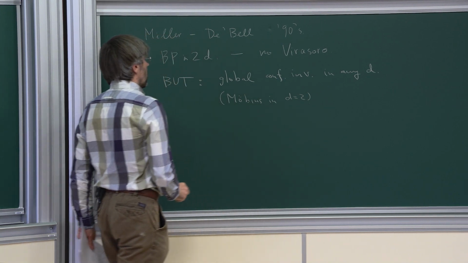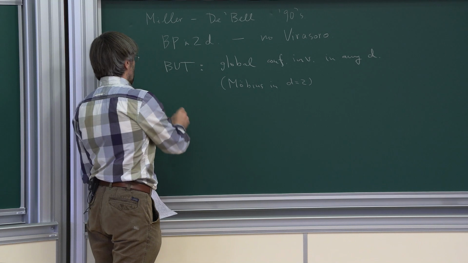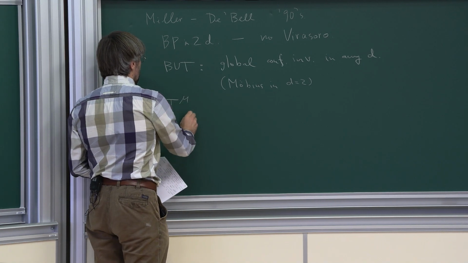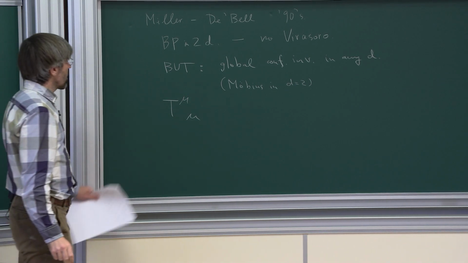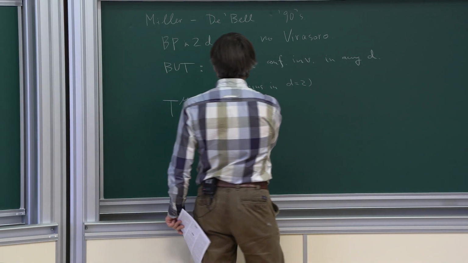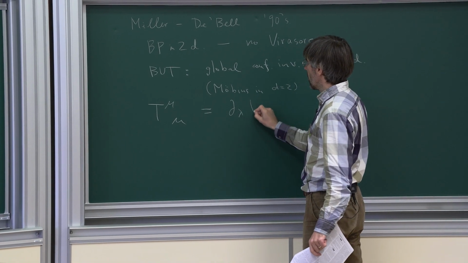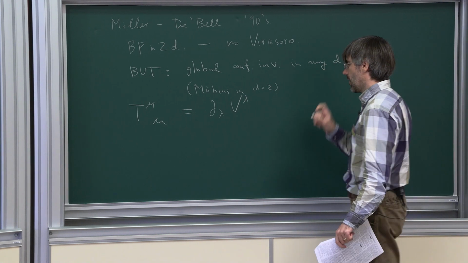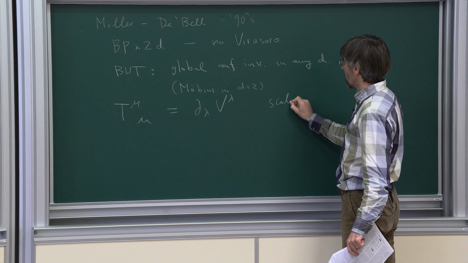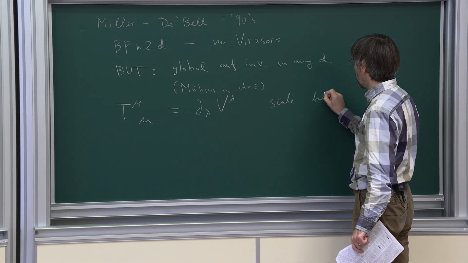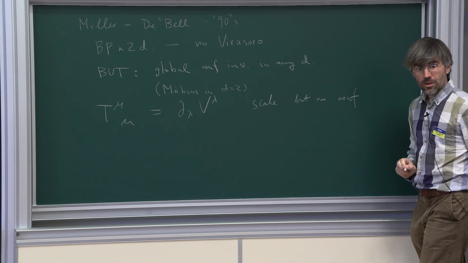Good question. So of course everything is controlled by the trace of the stress tensor, and so there are various conditions on the trace of the stress tensor. If the trace of the stress tensor is equal to the divergence of some current, then we have scale but no conformal, not even global conformal.